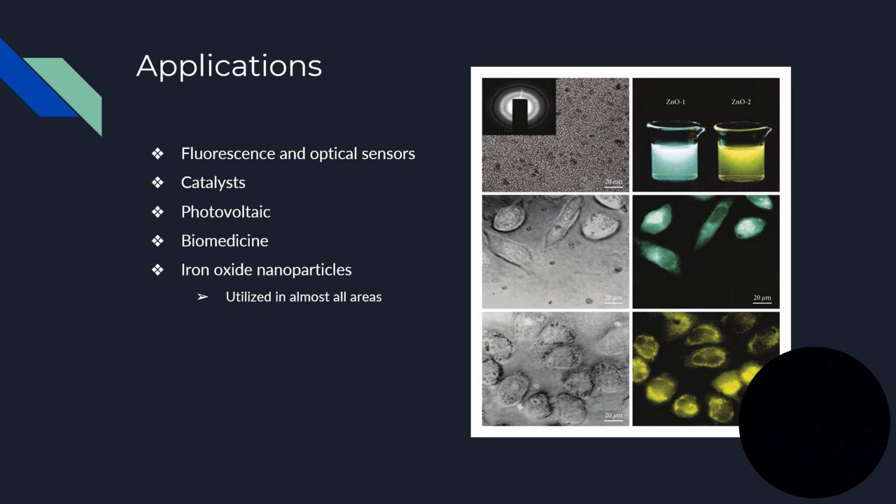On your right, I have a picture of the zinc oxide nanoparticles and using fluorescence to actually find some kind of biomedicine component in the zinc oxide. And it's very interesting to see the nanoparticle scale of what this actually might look like.